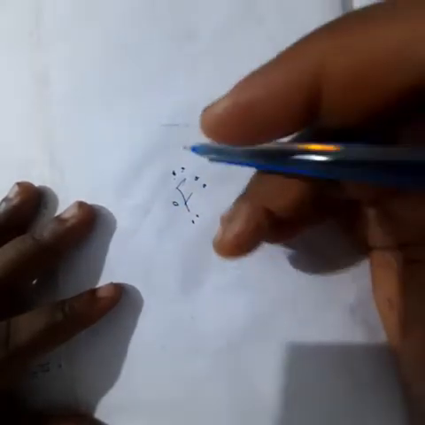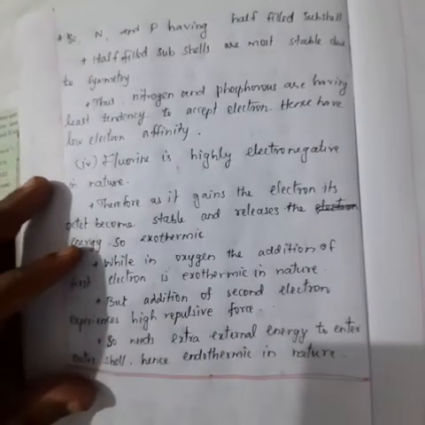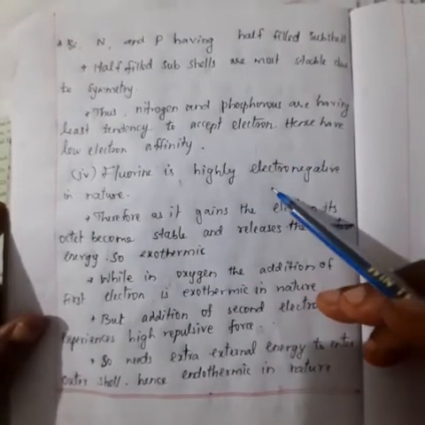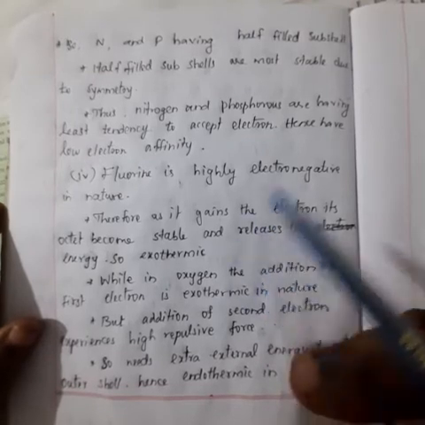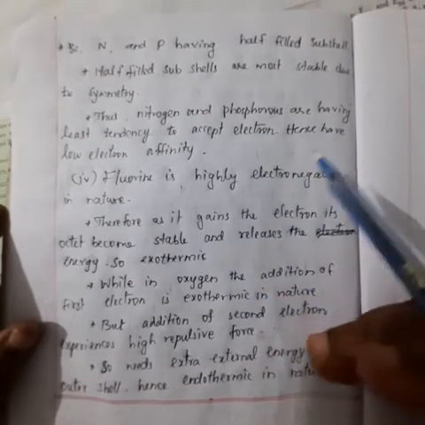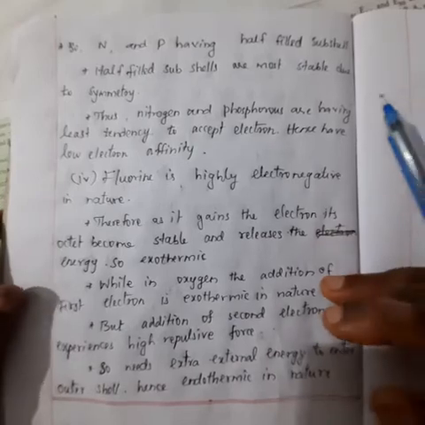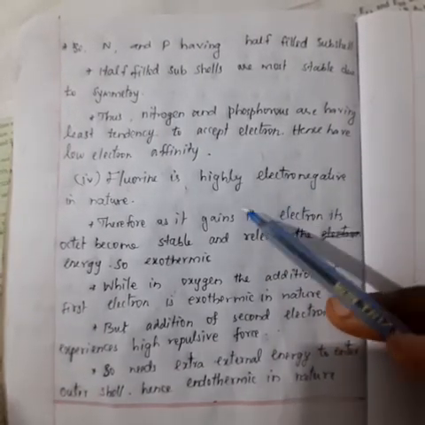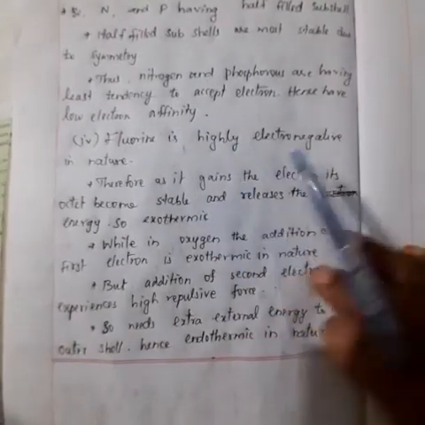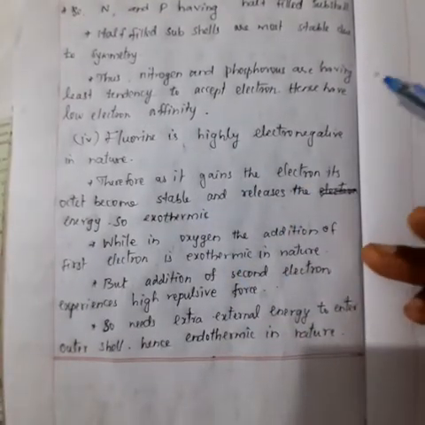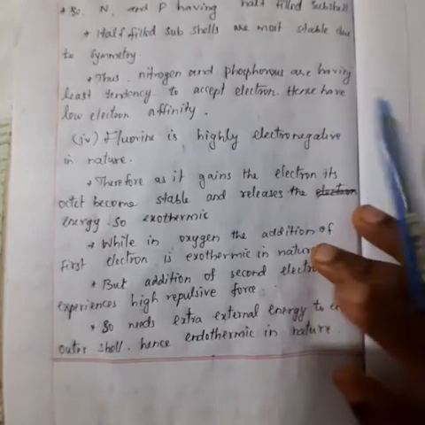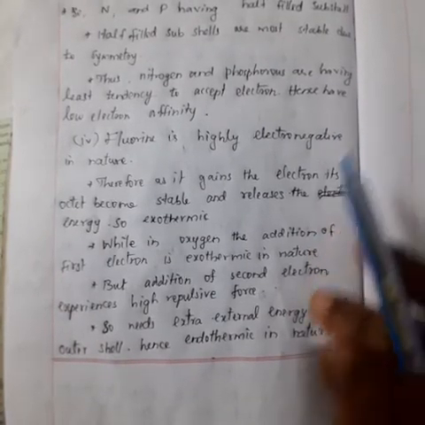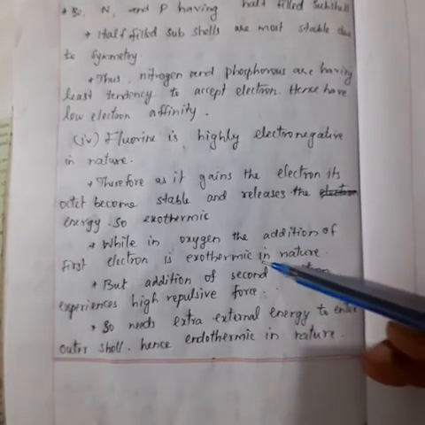We know electron affinity means that when we add an electron to the outermost shell, it releases energy. So the fluorine atom always attracts the electron easily. When one electron is added to the fluorine atom, it becomes the F minus ion, the fluoride ion. This reaction is exothermic.